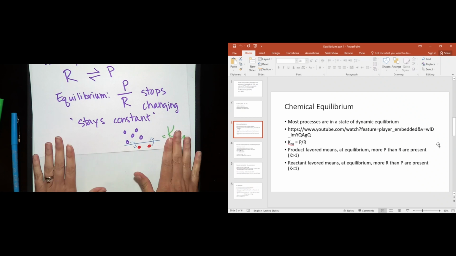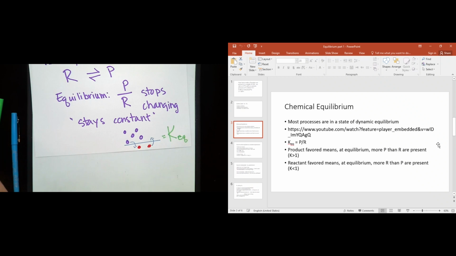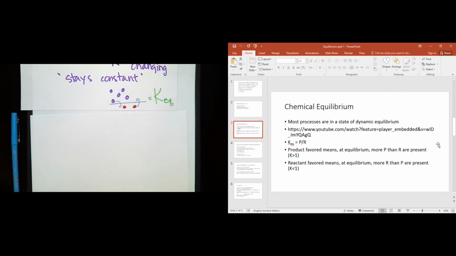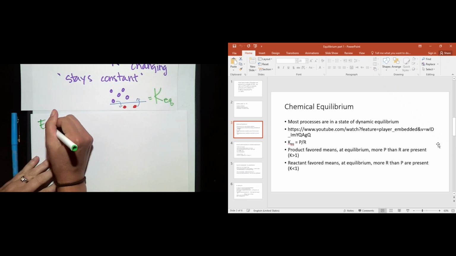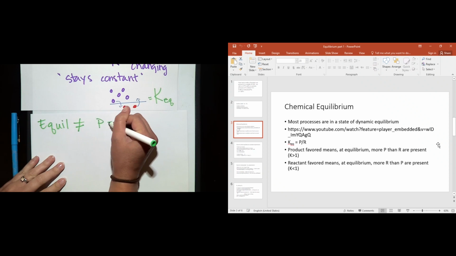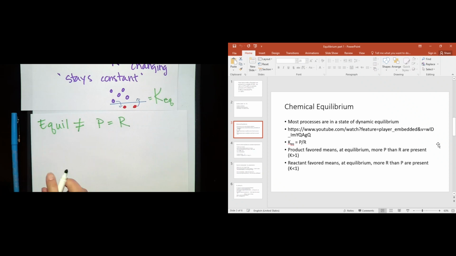Okay. Equilibrium does not mean you have the same number of products and reactants. That's really important. Equilibrium does not mean that products equal reactants. That would actually be an equilibrium constant of 1.